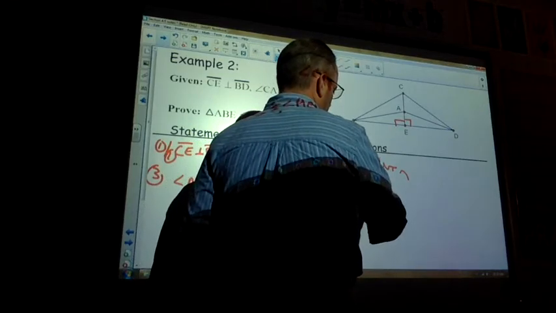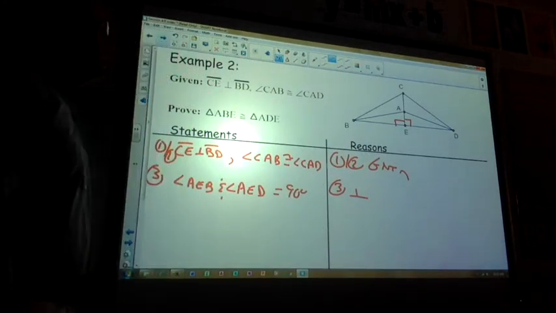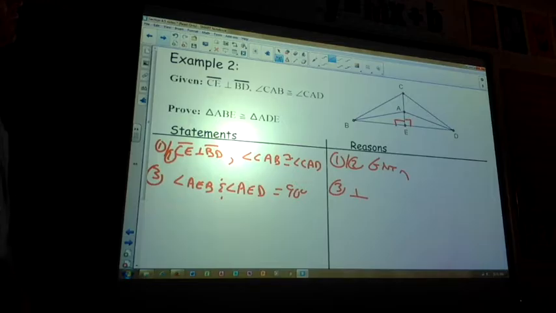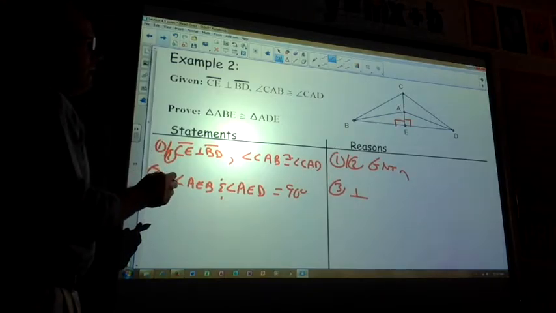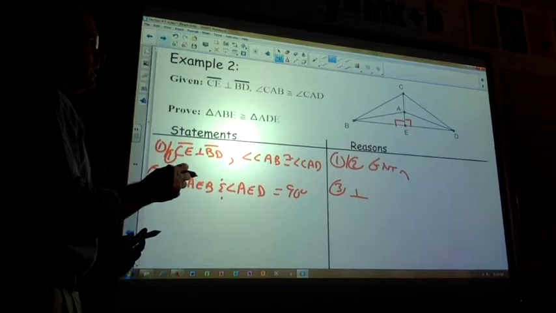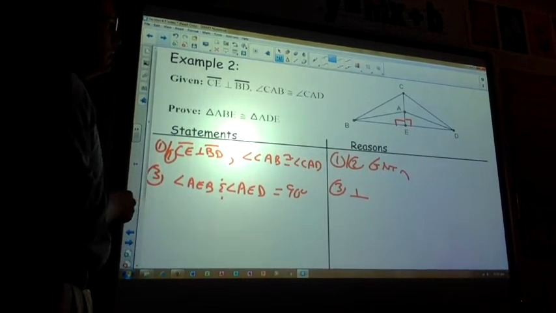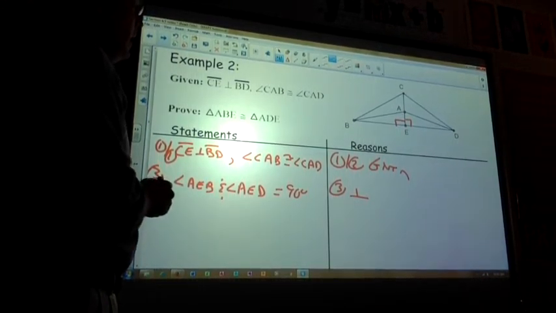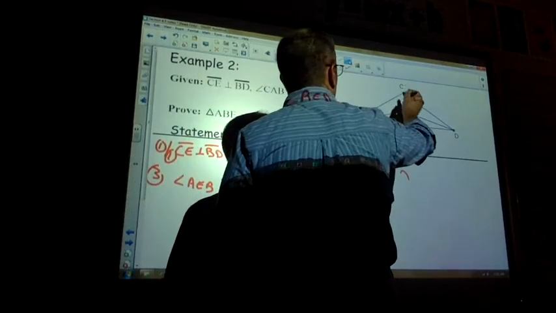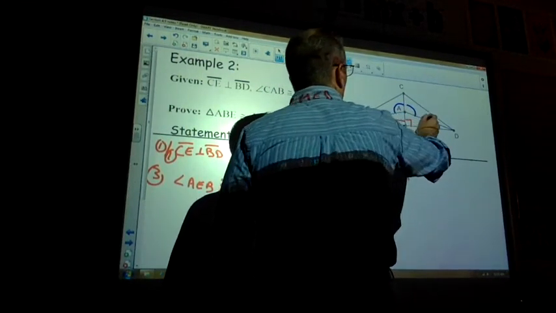Definition of perpendicular. So we can start thinking we perhaps have hypotenuse leg, but we don't know yet. And then we know that CAB and CAD, they tell us this.